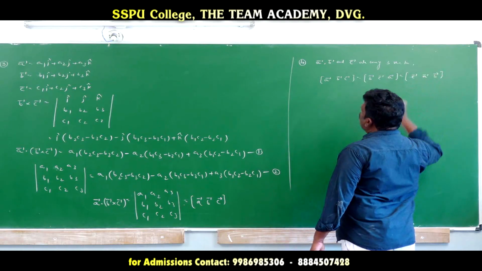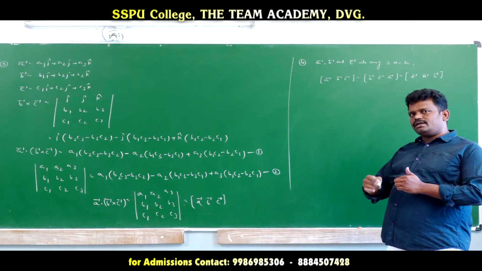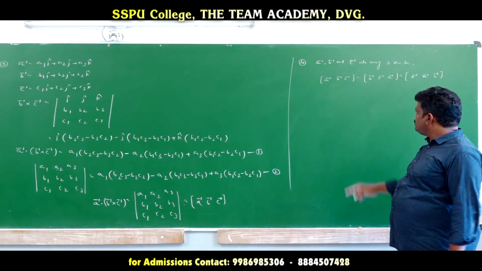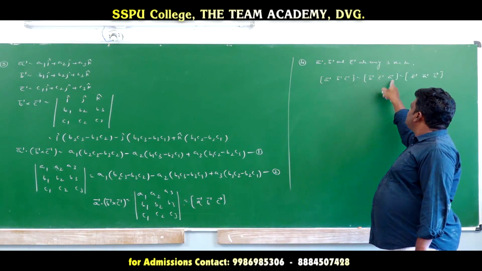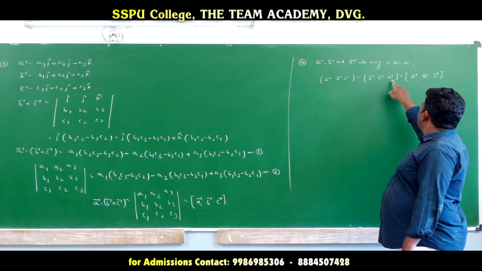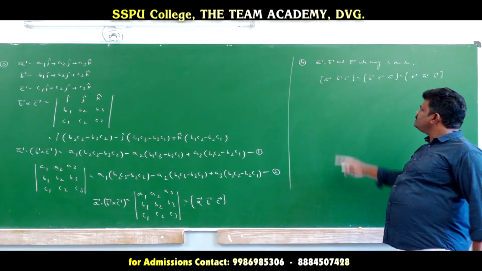These three box values are equal. How do we get this? If you take cyclic permutations, A, B, C, then B, C, A, then C, A, B, you get the same value. Cyclic rotations, cyclic permutations, give the same value.